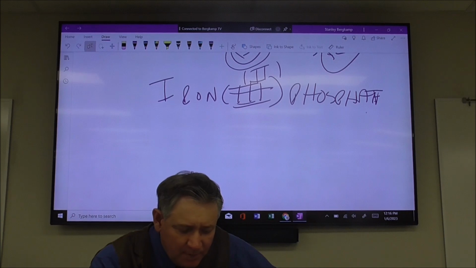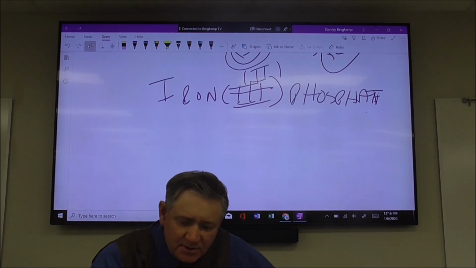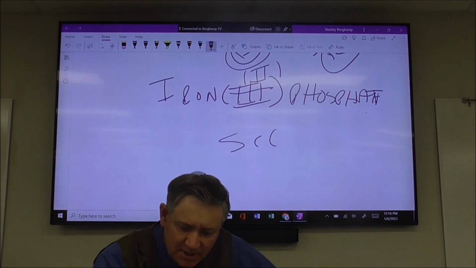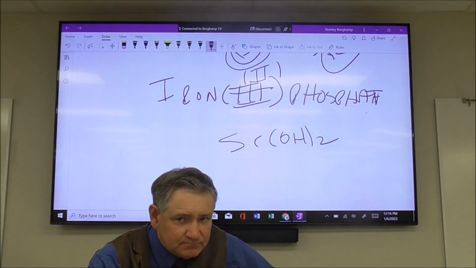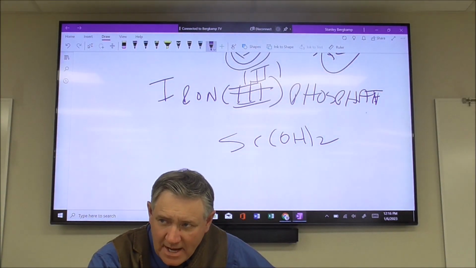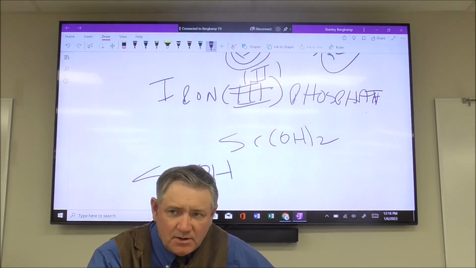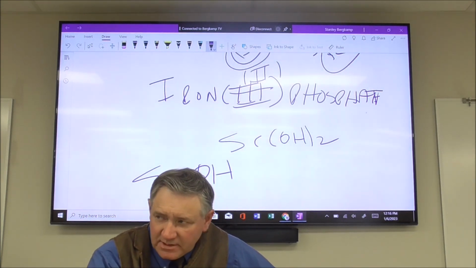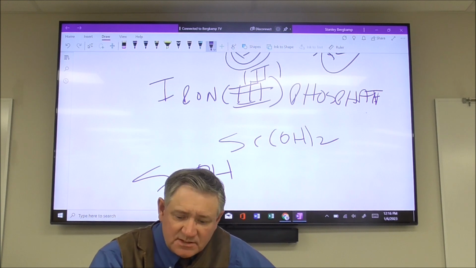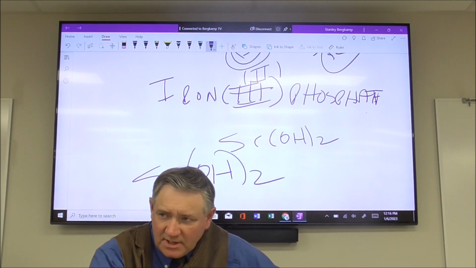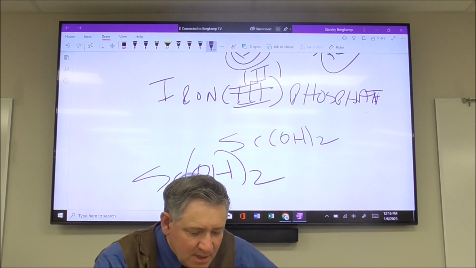On number 4, the moles of strontium hydroxide into grams. Make sure that you remember that strontium hydroxide is Sr(OH)2. When you're figuring out that molar mass, don't say, oh, it's strontium hydroxide, it's SrOH. It's not SrOH. Strontium is 2+, hydroxide is 1-. You have to have 2 hydroxide groups.